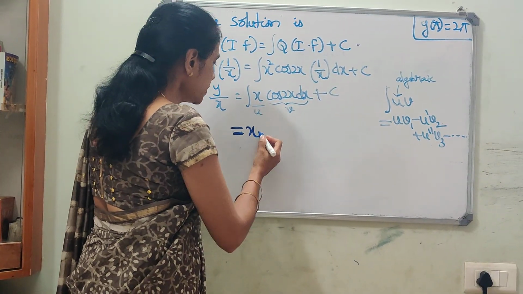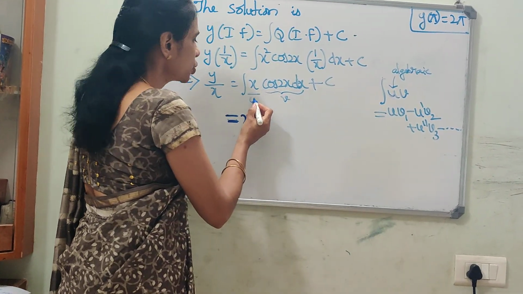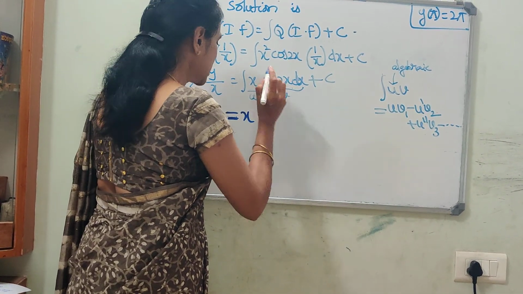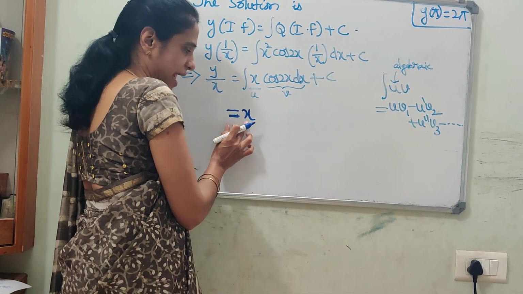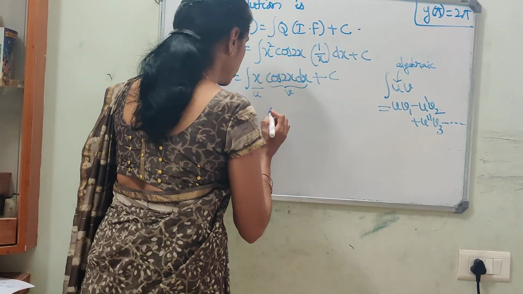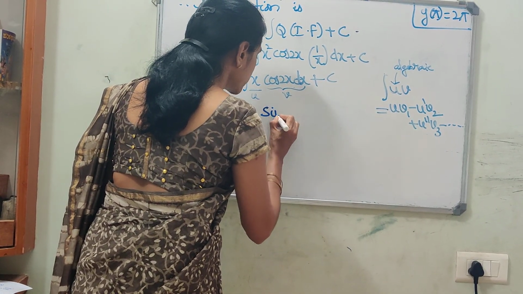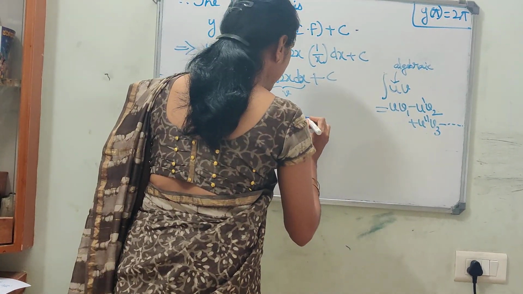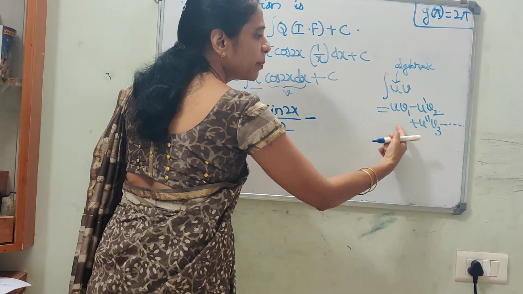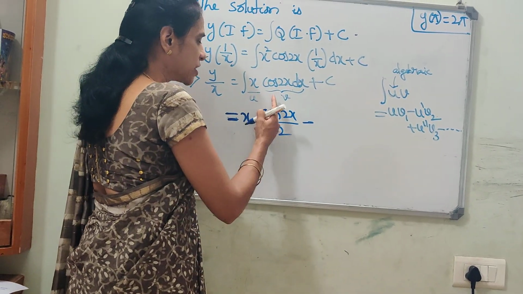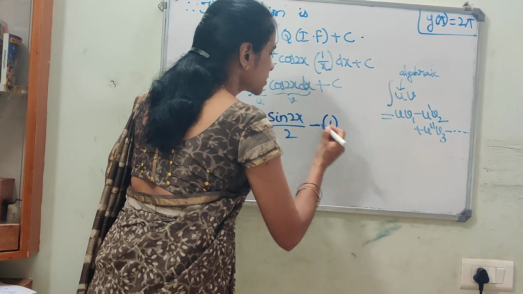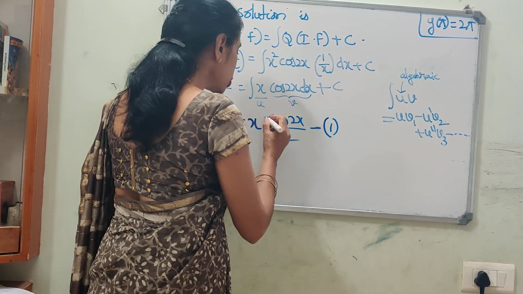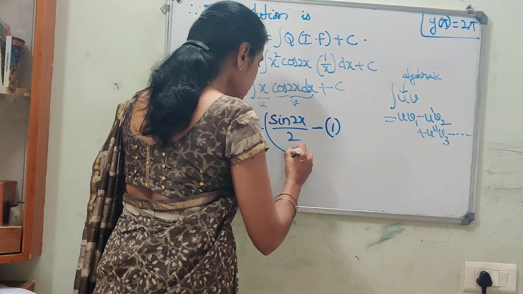We take u v1. v1 means the first integral, so u is x, v1 is integration of cos 2x. Integration of cos 2x is sin 2x divided by 2, minus. So alternately positive and negative. u dash, the differentiation of x, is 1. Then the integration of v1, so this whole thing is v1.